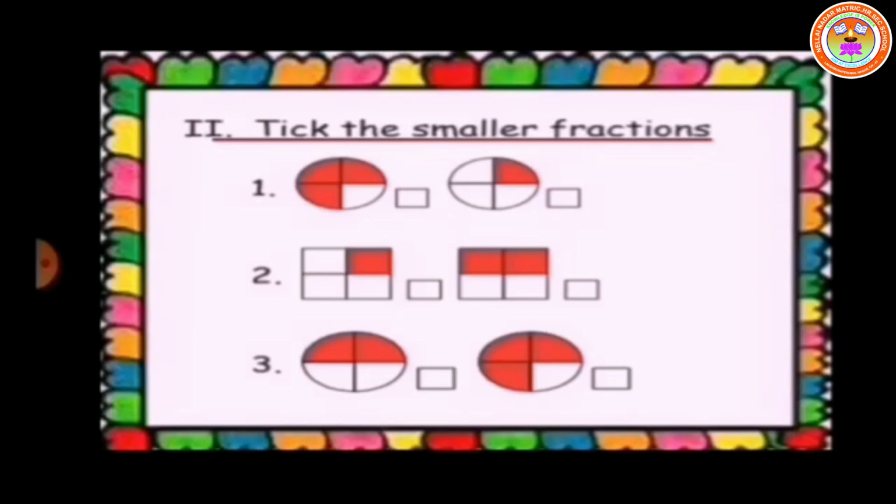So the fraction is 1 by 4. In the numerator, we have 3 and 1. Which one is smaller? 1 is the smaller. So the fraction 1 by 4 is the correct answer. So tick 1 by 4.